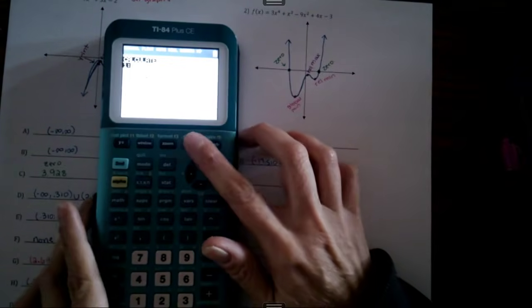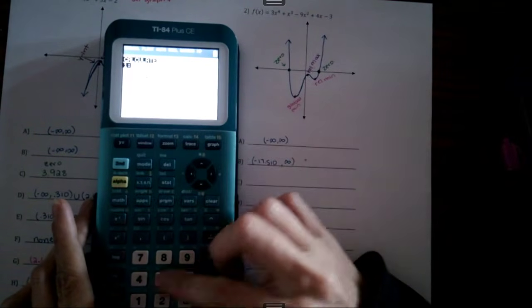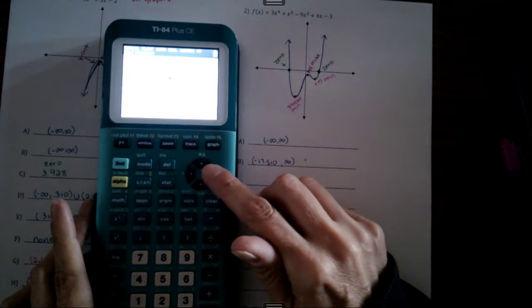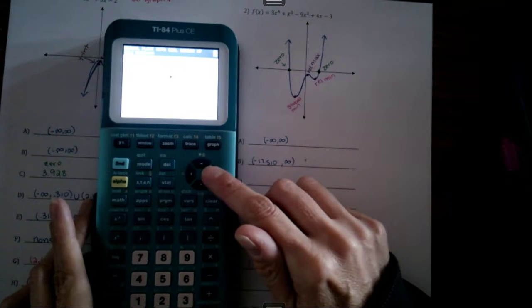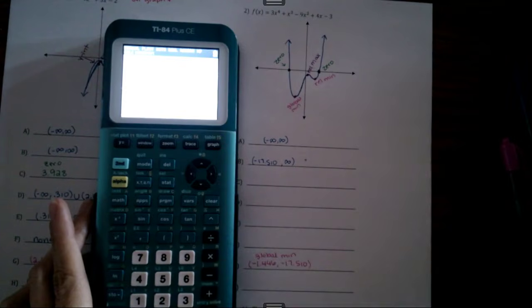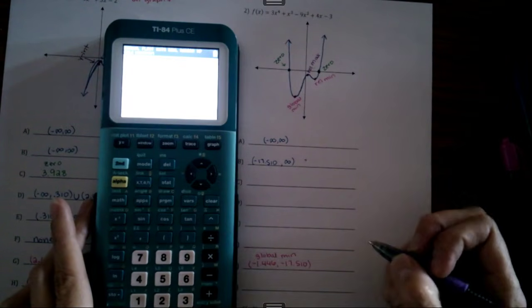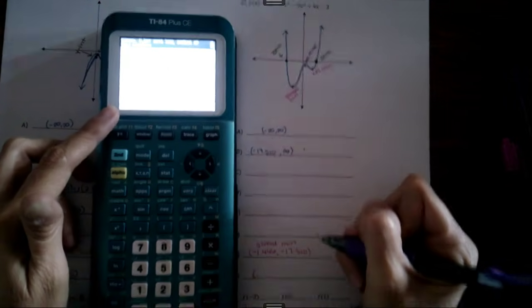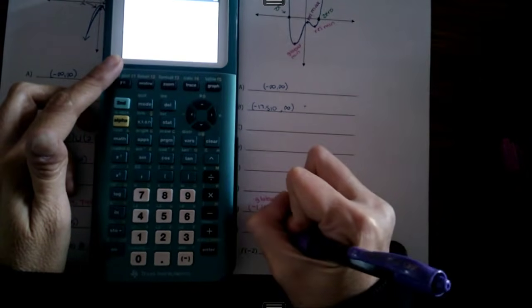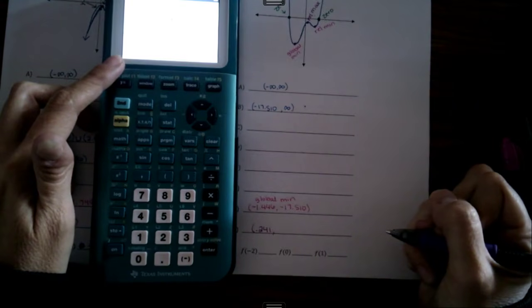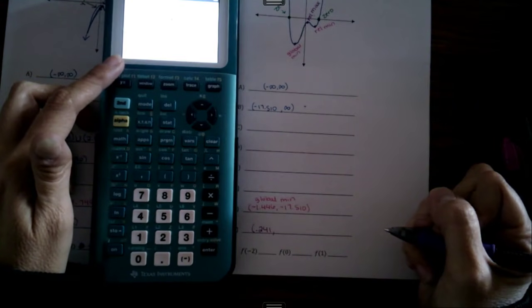Second trace, we can do the maximum next. Enter, go to the right, enter. So this global maximum is at 0.241, negative 2.535.